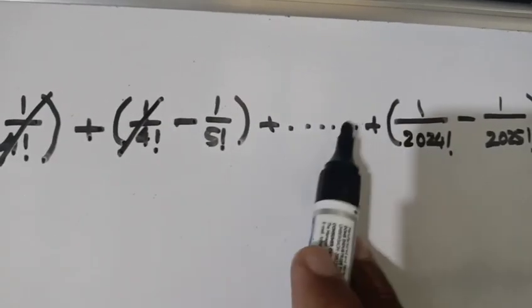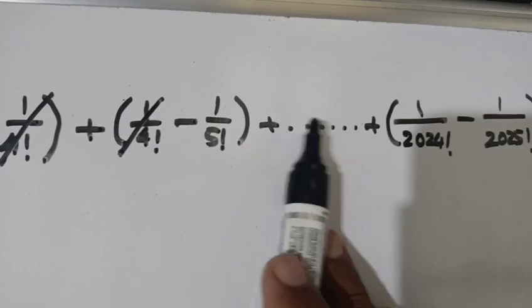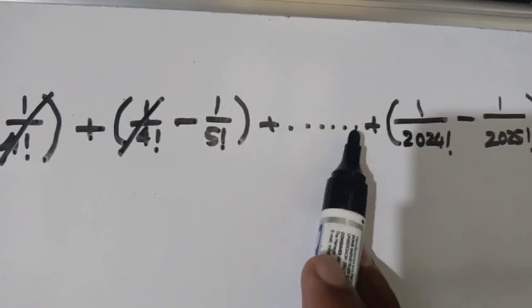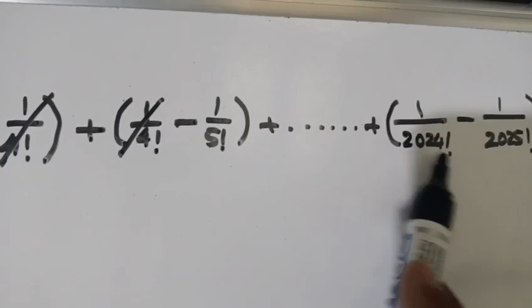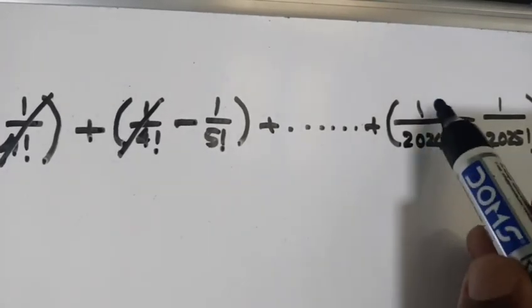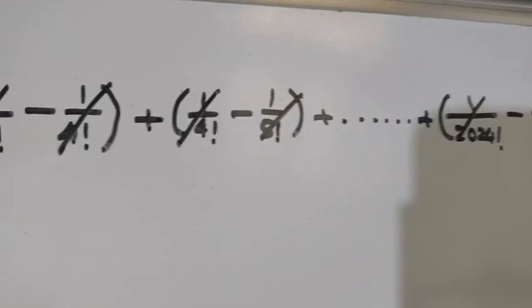And before this, the terms I got are 1 by 2023 factorial minus 1 by 2024 factorial. This 1 by 2024 factorial is also cancelled. Only two terms are left here.